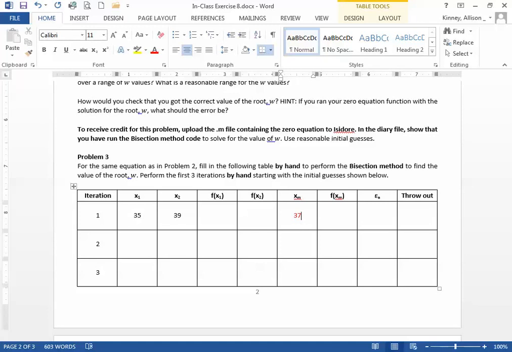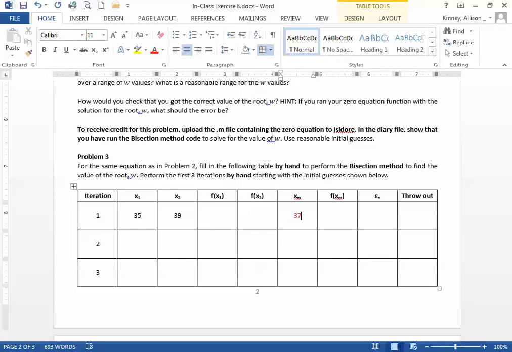So if I go back over here to my drawing, let's say this is x1, this is x2, the midpoint, somewhere in between here, xm. Then I get my f values. This is fxm, this is fx2, this is fx1.